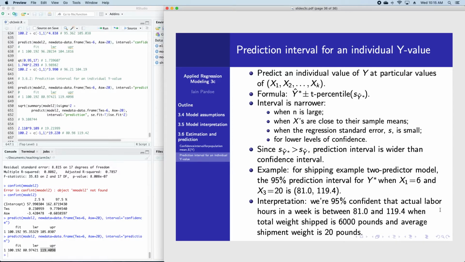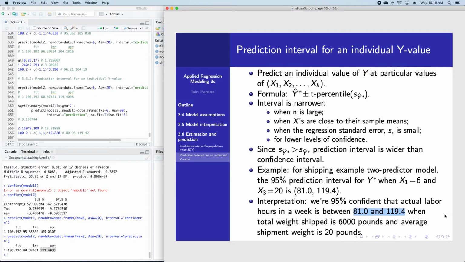Probably the most important thing here is the distinction between this prediction interval and the confidence interval for the population mean. Here we're saying that when total weight shipped is 6,000 pounds and average shipment weight is 20 pounds, then when we're predicting the actual labor hours, we can narrow that down to between 81 and 119.4.